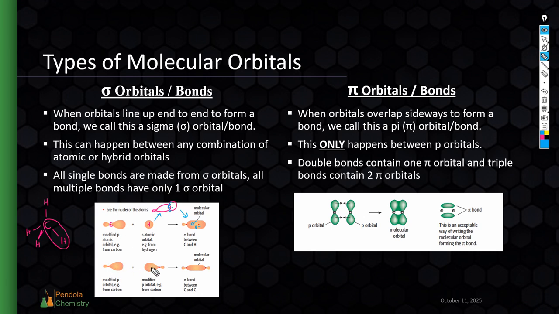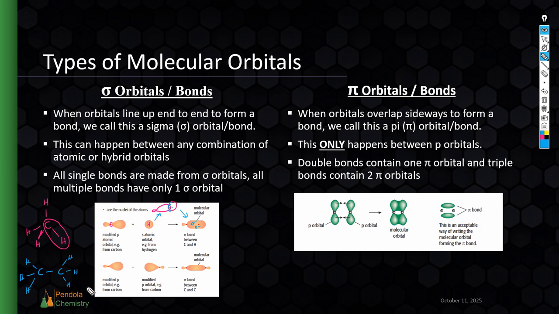The same thing can happen if two carbons are bonded to each other and they both have hybrid orbitals. So not only can hybrid orbitals overlap end to end with s orbitals, and s orbitals overlap end to end with s orbitals like we saw earlier, but two hybrid orbitals can also overlap. So if we think of something like ethane, C single bond C, and then we have those three hydrogens sticking out of each carbon, this is a bigger, more complex molecule, but it serves the purpose here.